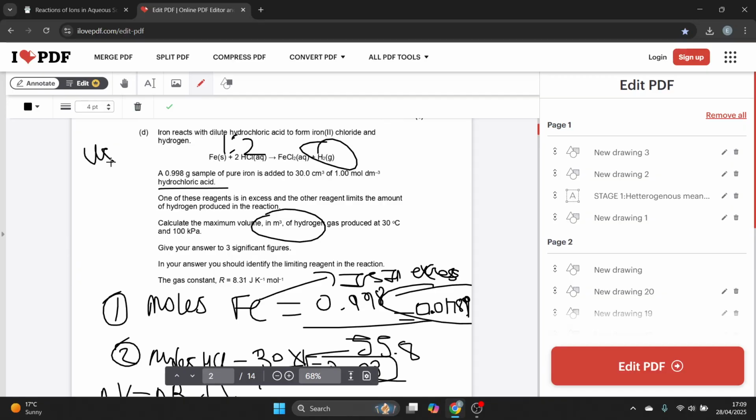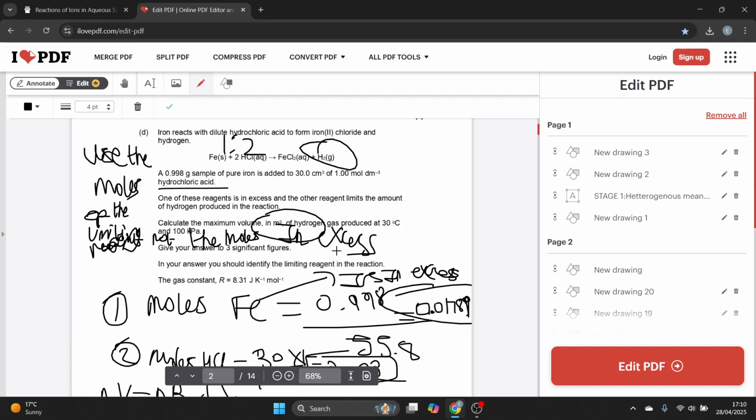I use the moles of the limiting reagent, not the moles in excess. So I'm going to write that down somewhere.